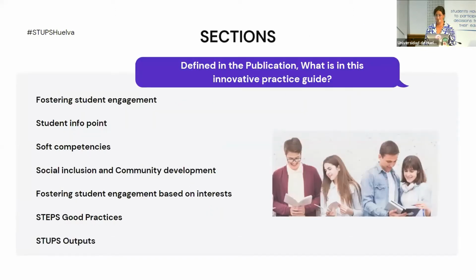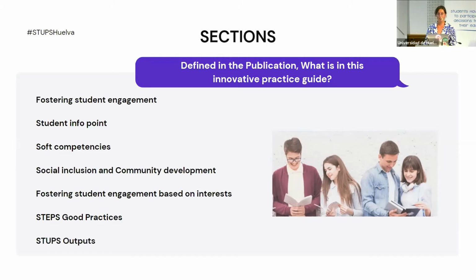Those are the sections that we are covering in the guide. All the practices have been divided into these different sections. We have fostering student engagement, student info point, soft competencies, then practices related to social inclusion and community development. We have as well fostering student engagement based on interest, which I will explain a bit more later.